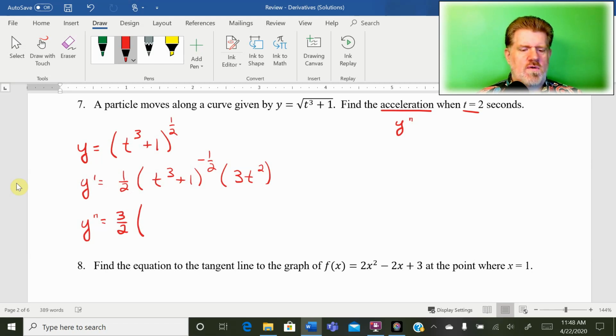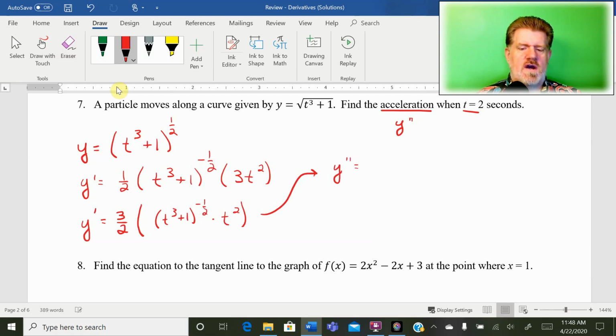I'll rewrite this as t cubed plus 1 to the negative 1/2 times t squared. So I pull out the 3 basically. Here we go. Now the second derivative.